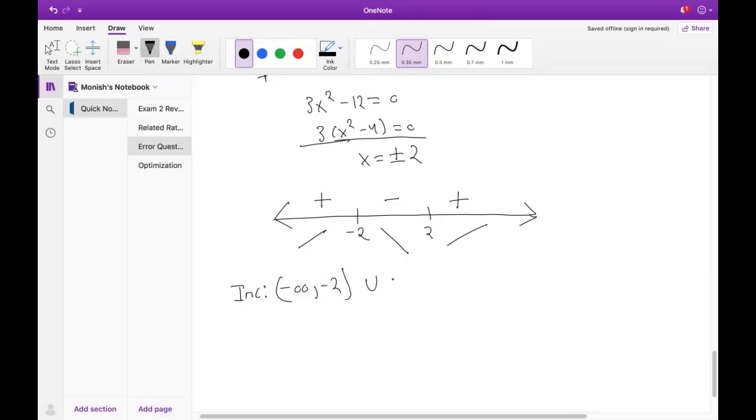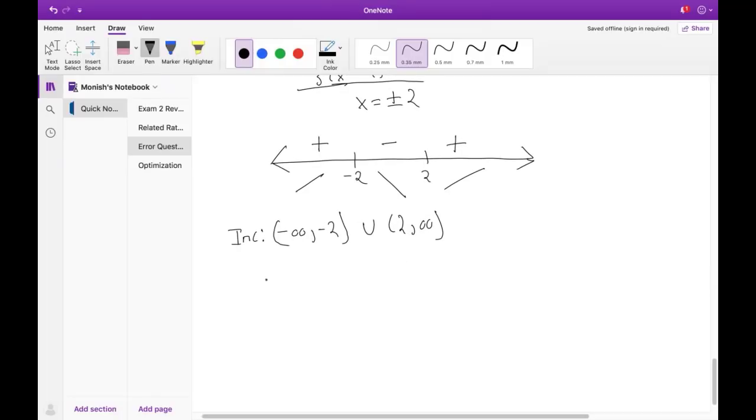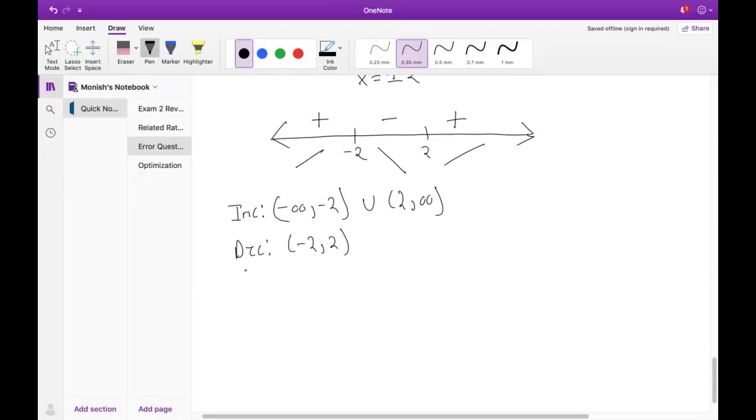And then we're going to union this with 2 comma infinity, and then it's going to be decreasing from negative 2 to 2. And then we could say I have a min right here at x equals 2. I have a max at x equals negative 2.